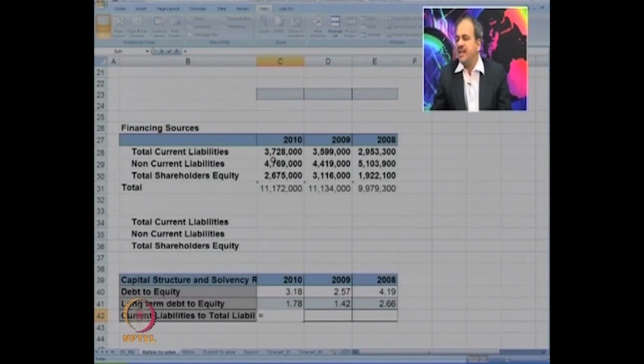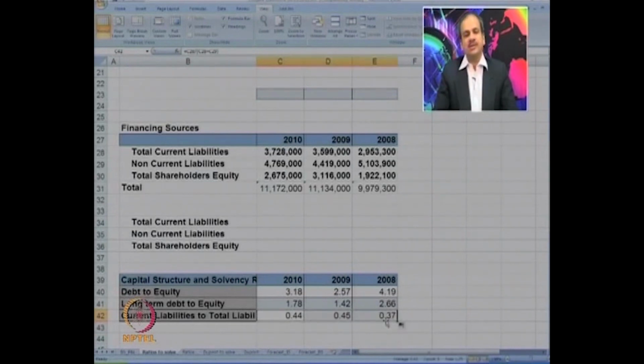So current liability is this figure divided by the total of, again, current plus non-current, which is the total external liabilities. So you can see it is 0.44. The ratio is more or less constant. It was 0.37 in 2008. It has slightly increased.